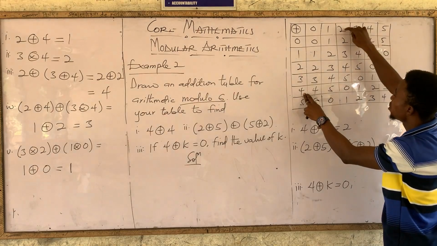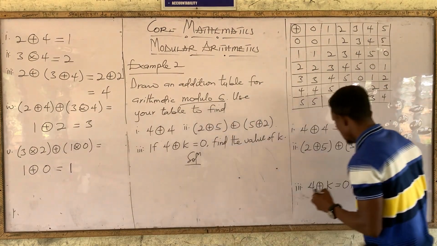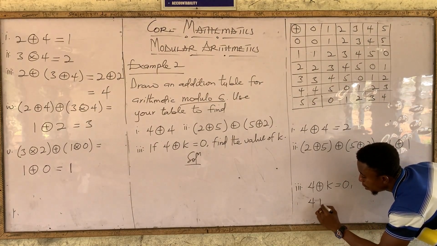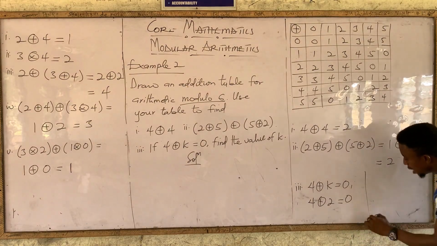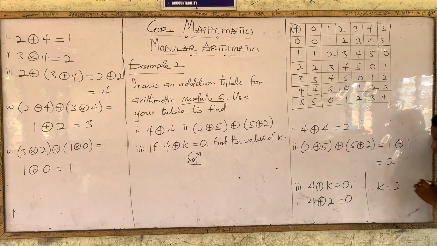So it's only 4 plus 2 that gets us 0. So we say 4 plus 2 is equal to 0. Then, therefore, k is equal to 2.